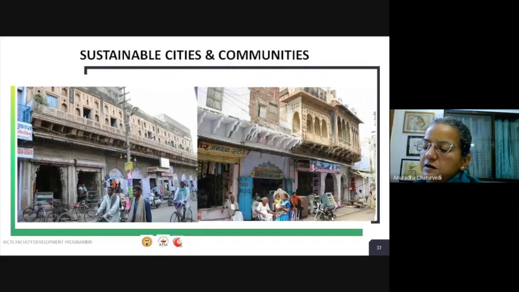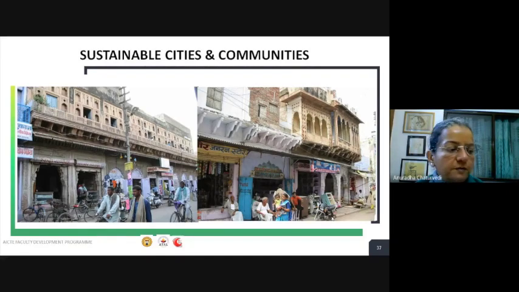Then reduce the adverse per capita environmental impact of cities, that is SDG 11 target 6, which relates to municipal and waste management.